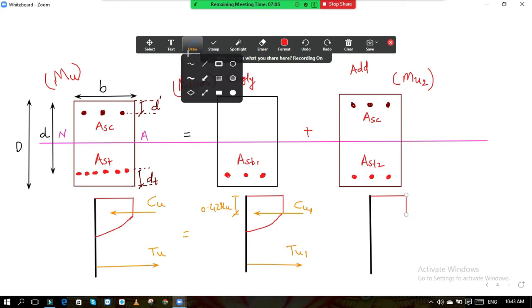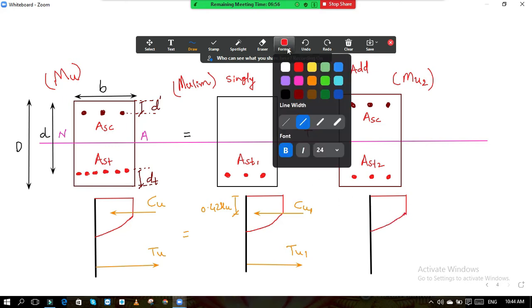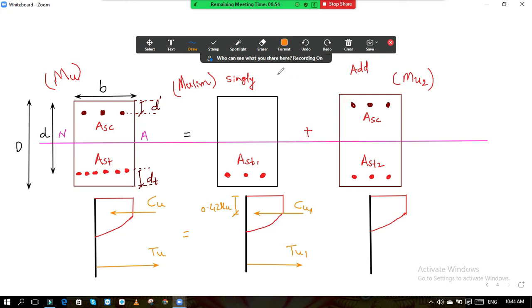But see the difference. Where is the force acting? That is the most important thing. So here is somewhere our neutral axis. Now if I again draw the forces, the compressive force is acting at which level? At this level here. Cu2 will act at this point.